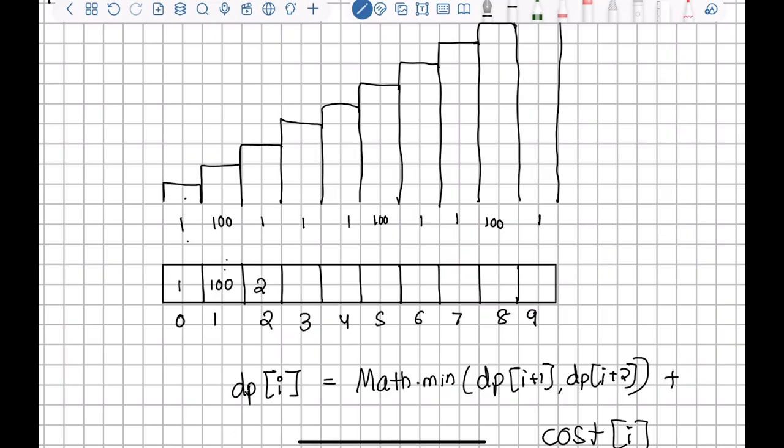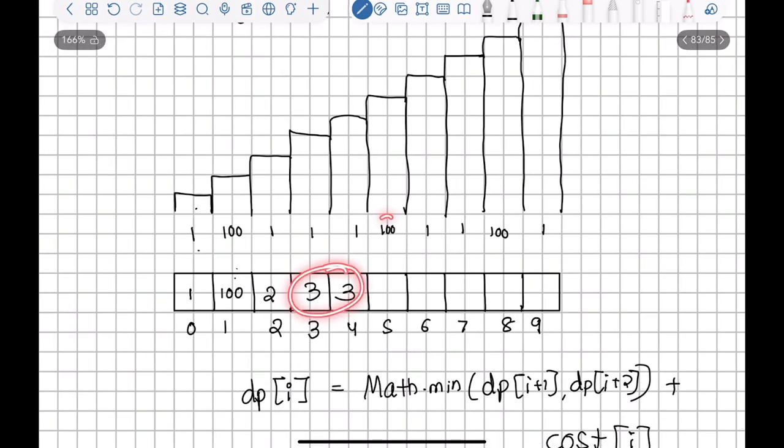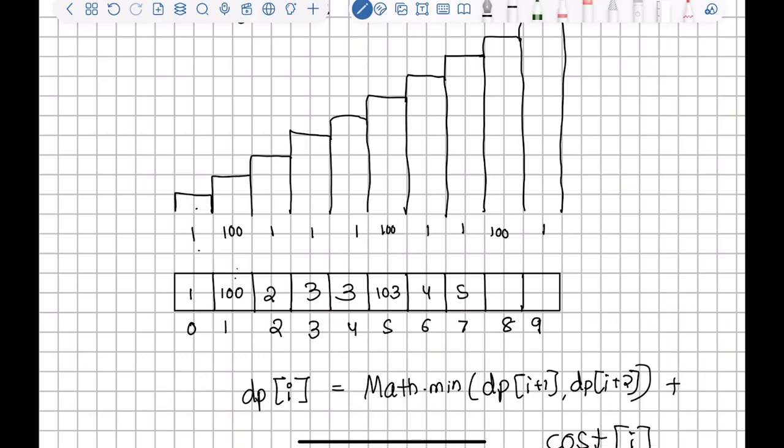Then I'll calculate for this. The minimum of these two plus this is 3. Then the minimum of these two plus this is again 3. Then the minimum of these two plus this is 103, then 4, 5, 105, 104 and 6.